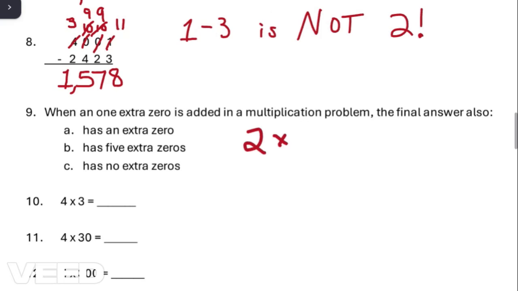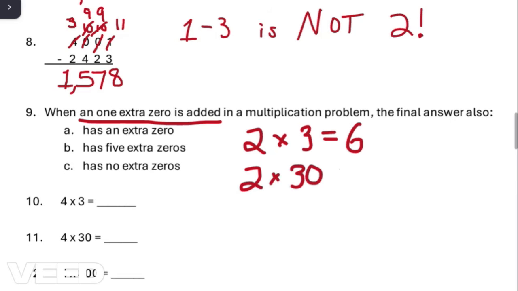We know what this is. The product of 2 times 3 is 6. But they're saying when an extra 0 is added. So let's do 2, and let's add an extra 0 on our 3 to make it 30. They're saying the final answer also, does it have 1 extra 0, 5 extra zeros, or no extra zeros?